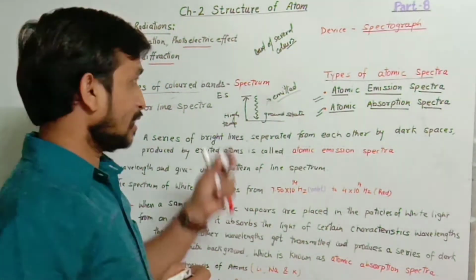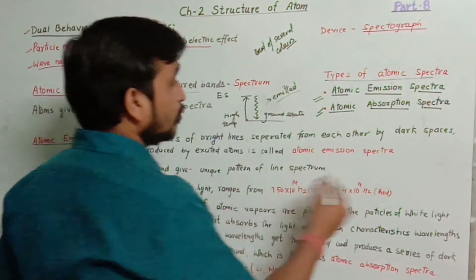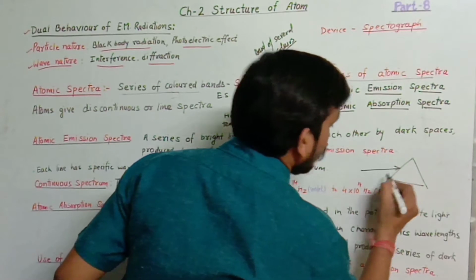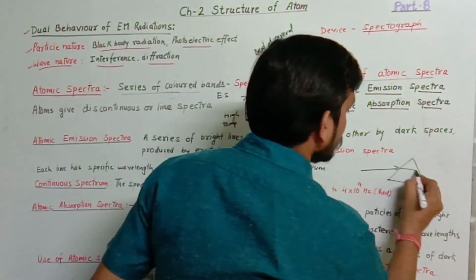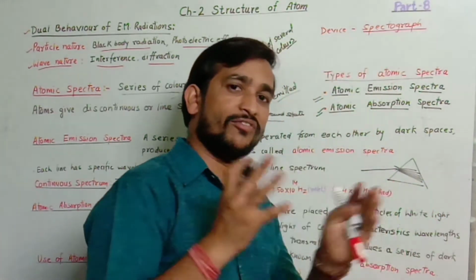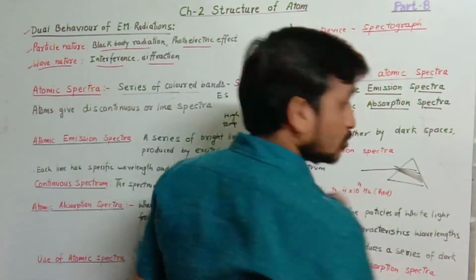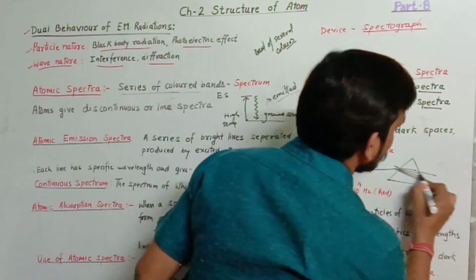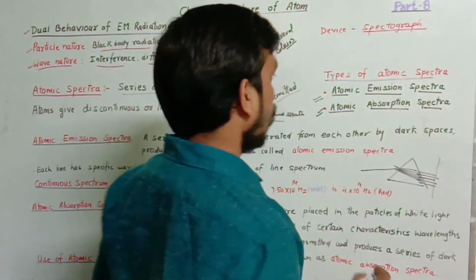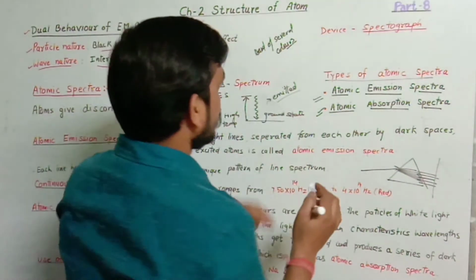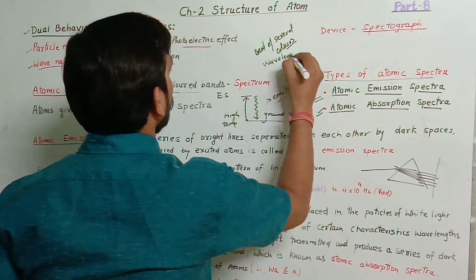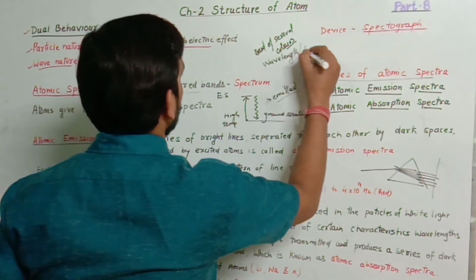As we discussed earlier, whenever white light is passed through a prism, the waves of different wavelengths split into different colors. It forms the band of 7 colors, and the formation of these bands depends upon two things, that is the wavelength or frequency.